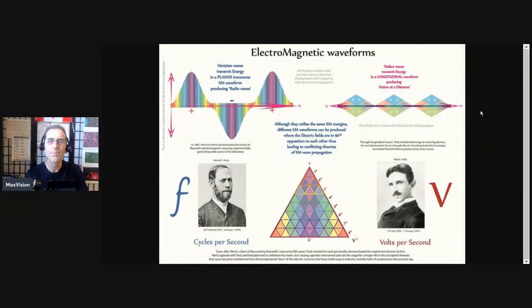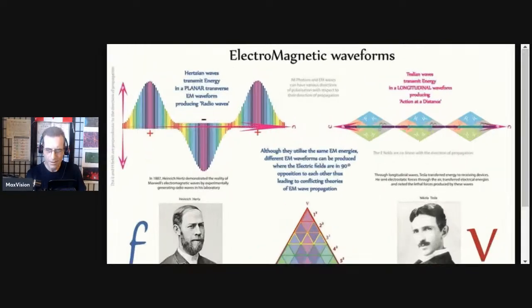Interesting. Check on that, make sure that was exactly what it said. So through longitudinal waves, Tesla transferred energy to receiving devices. He sent electrostatic forces through the air, transferred electrical energies, and noted the lethal forces produced by these waves.